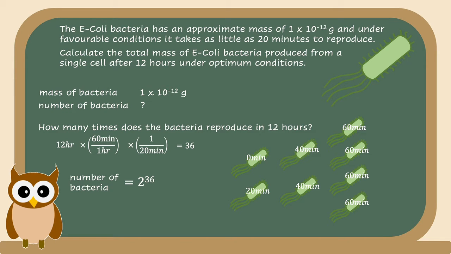So the number of bacteria in 12 hours can be represented by the operation 2 to the power of 36. 2 because we are doubling the amount of bacteria at every interval, and to the power of 36 because there are 36 20-minute intervals in 12 hours.